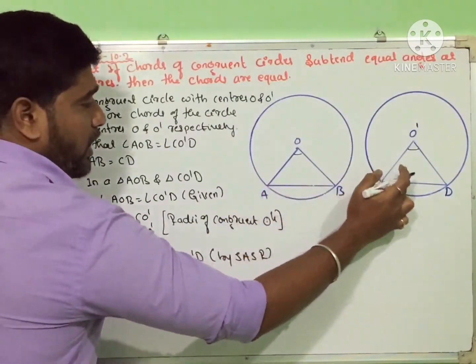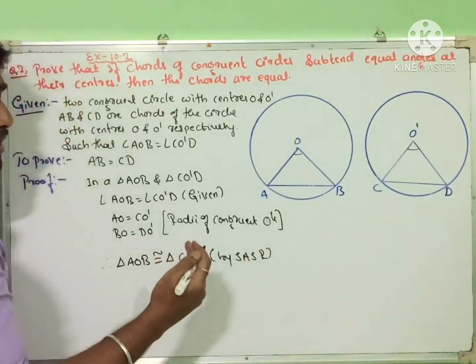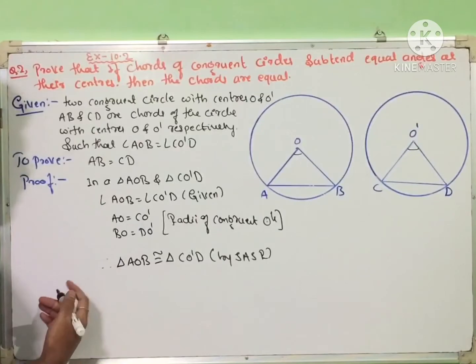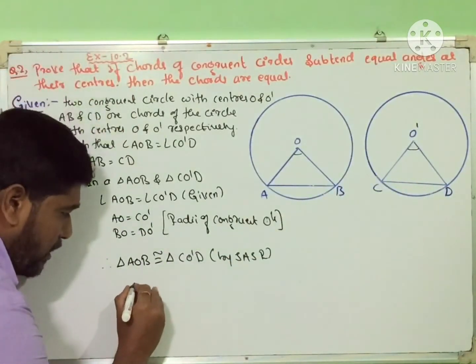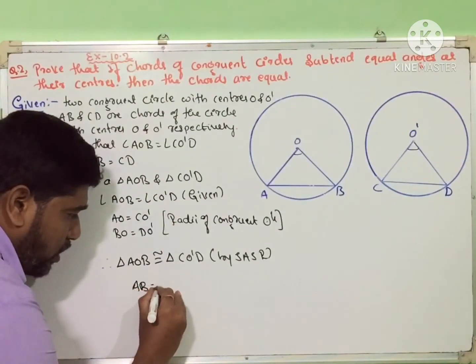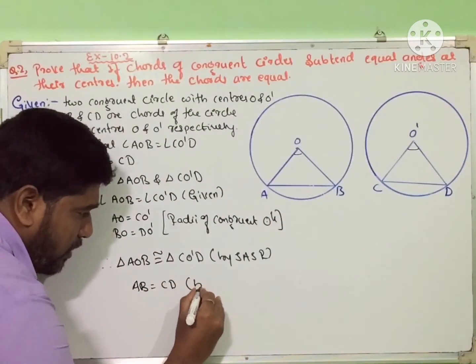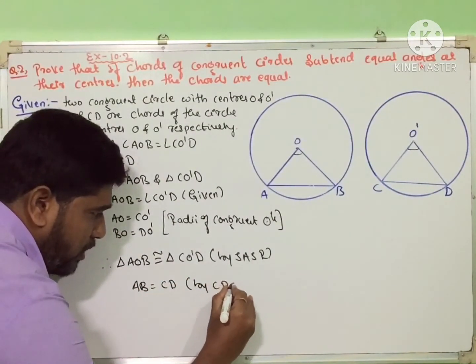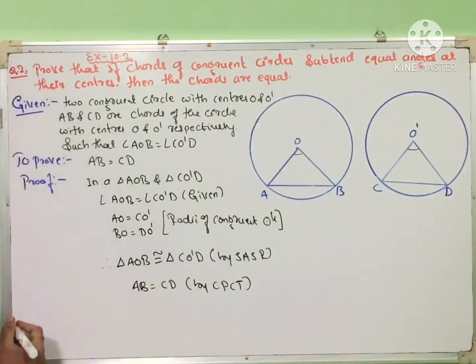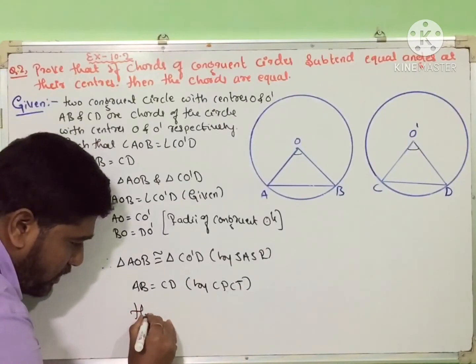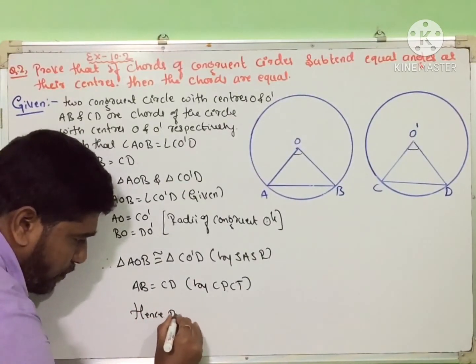So these two triangles are congruent to each other, which means their corresponding parts are equal. So by CPCT, AB is equal to CD, by CPCT, corresponding parts of congruent triangles. Hence, proved.